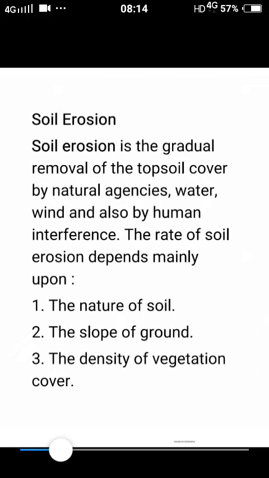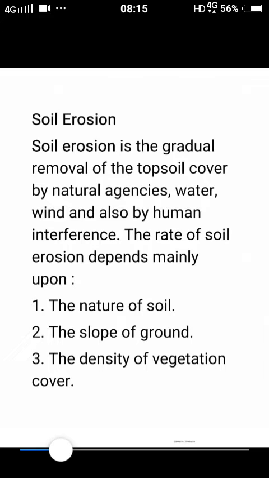The nature of soil, it means very loose or soft soils. The slope of the ground: if the slopes are gentle or steep, the soil erosion will move firstly, and on flat surfaces it moves very slowly. The density of vegetation cover: the plants' roots hold the soil tightly.